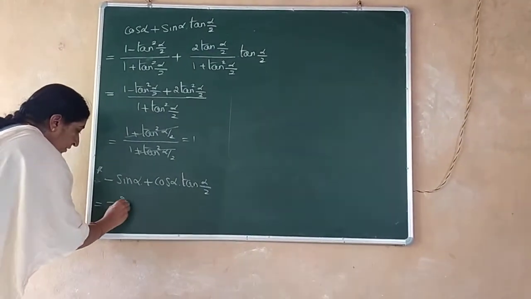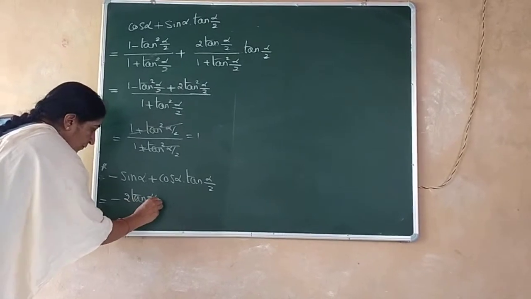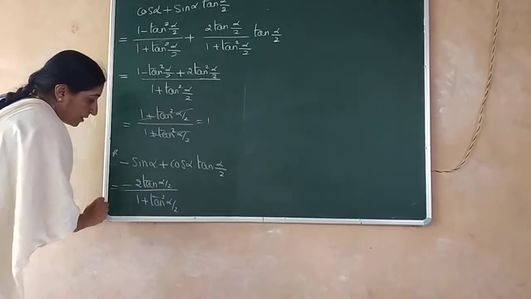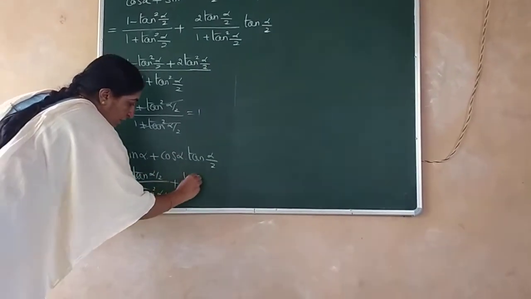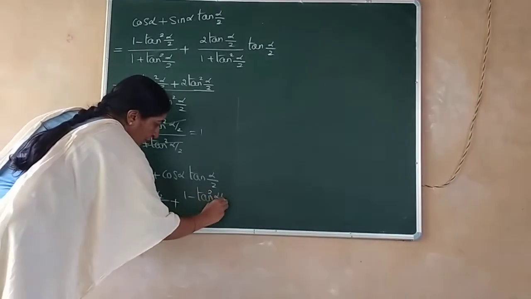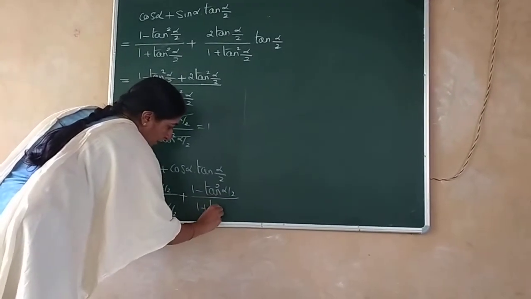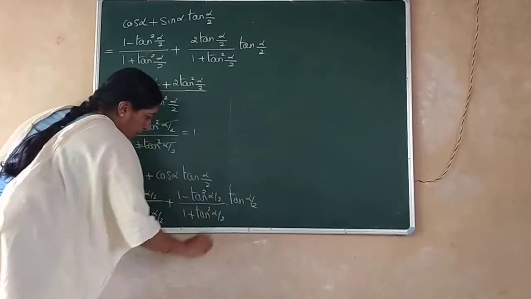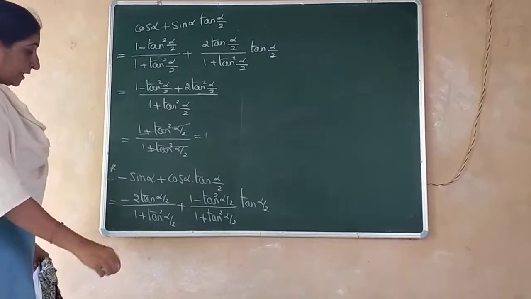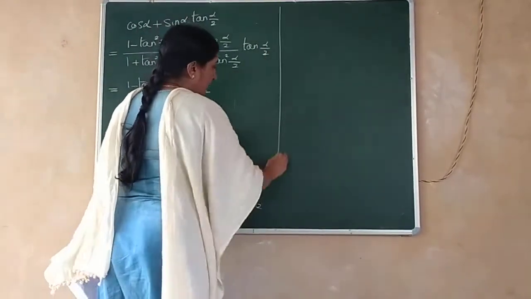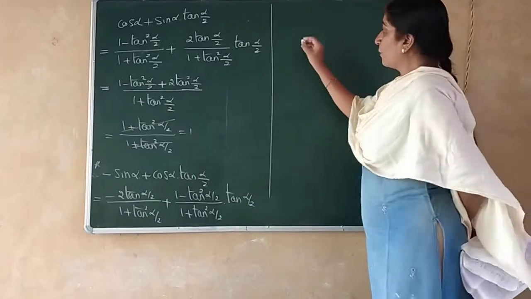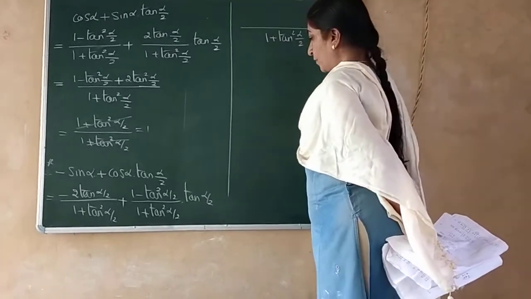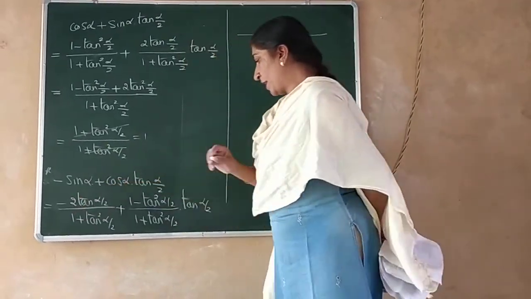So here minus 2 tan alpha by 2 upon 1 plus tan square alpha by 2, plus cos alpha, which is 1 minus tan square alpha by 2 upon 1 plus tan square alpha by 2, into tan alpha by 2, which I kept as it is. See, the denominators are the same. Take the LCM, which is 1 plus tan square alpha by 2. In the numerator, it is minus 2 tan alpha by 2.